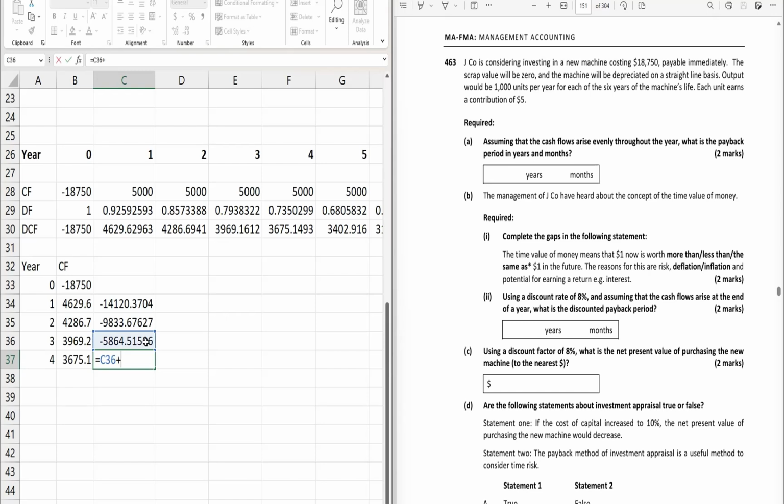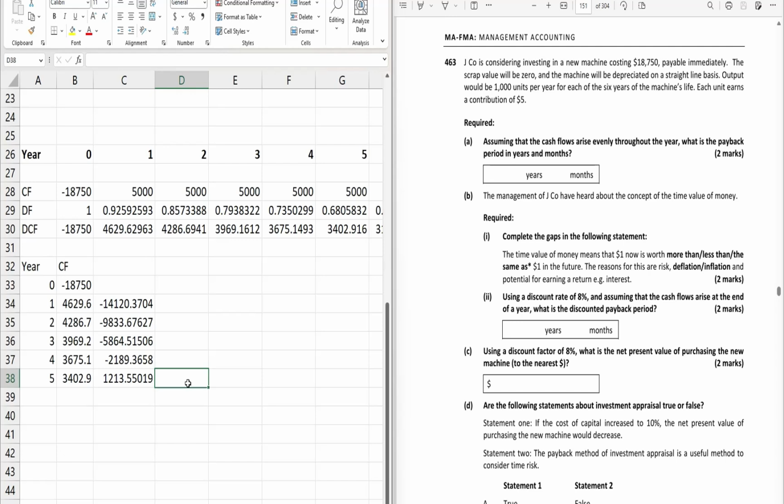So here, okay, it's again negative, so we will look toward year 5. So this plus this. All right, so yes, we got our positive value. So that means in 4 years and a few months we will get back our money. So we need to find the month now.